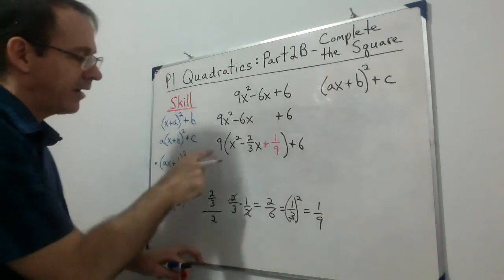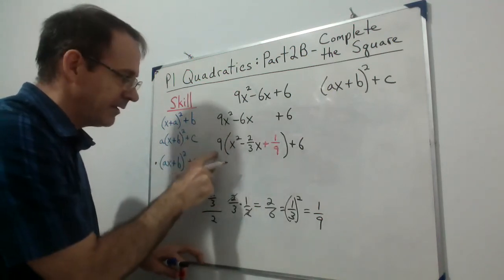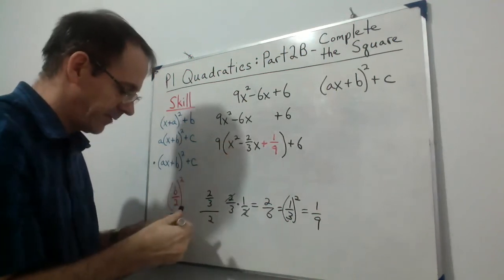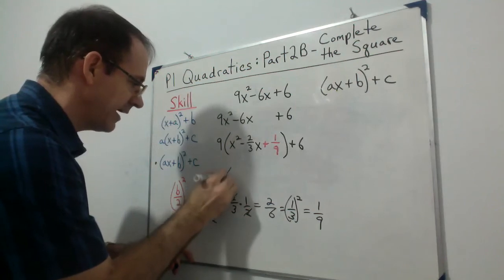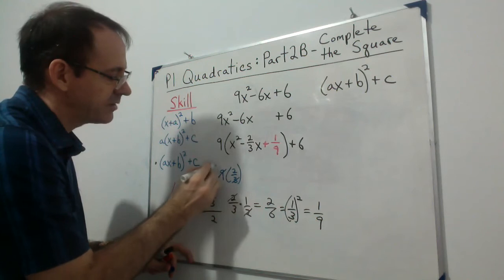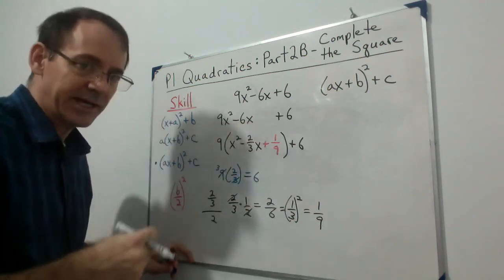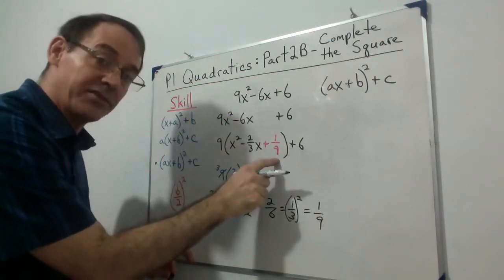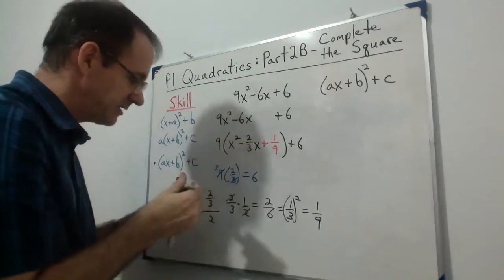Positive 1/9. Now, when we check things, 9 times x squared is 9x squared. 9 times 2/3. Well, let's look at that again. You can use your calculator or just look at it. 9 times 2/3. You can see that the 3 cancels with the 9 and gives you 6 again. Yep, so a negative 6x, check. 9 times 1/9, what do you know that makes it nice again? 9 times 1/9, the 9's cancel.